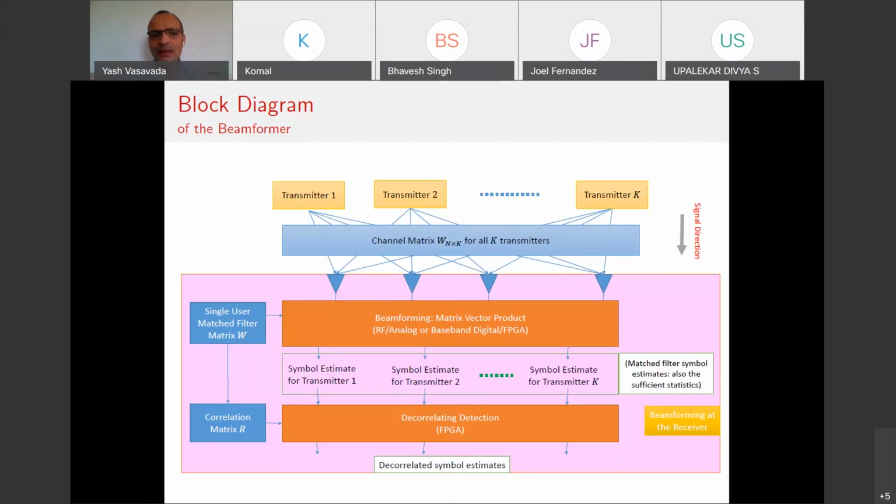But you see that any time we have this type of receiver, it is usually not a standalone receiver. It also acts as a transmitter, right?